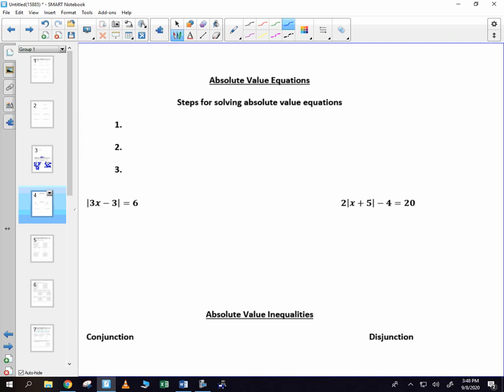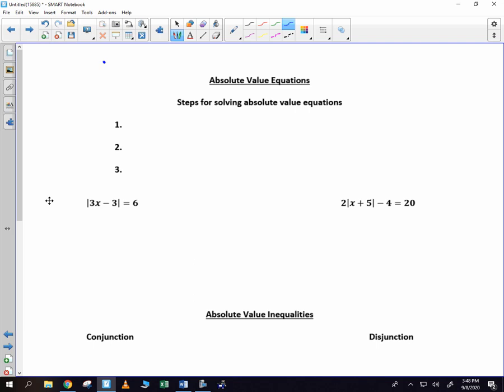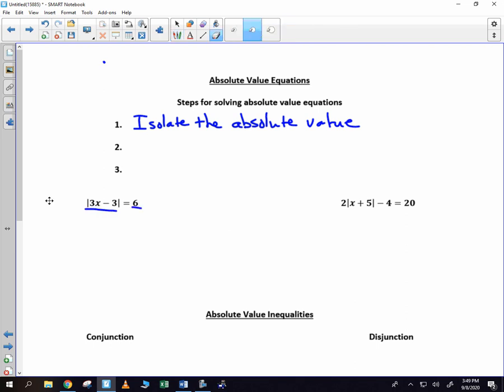Now, if you look at your next set, in order for us to understand other inequalities, we have to understand absolute values. And for absolute values, we have 3 steps for solving them. Number 1 is isolate the absolute value. As you can see here, this absolute value is already equal to a number, so that's isolated.